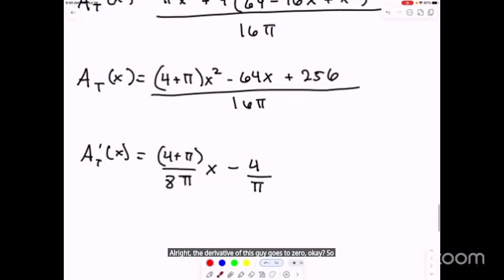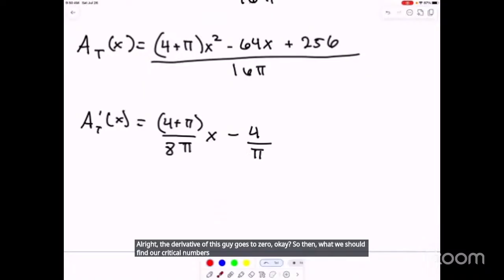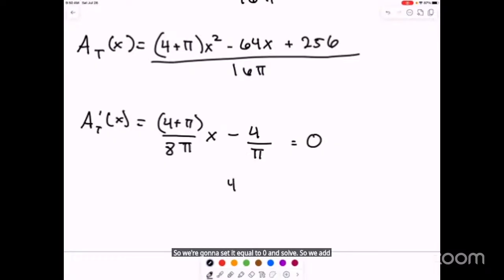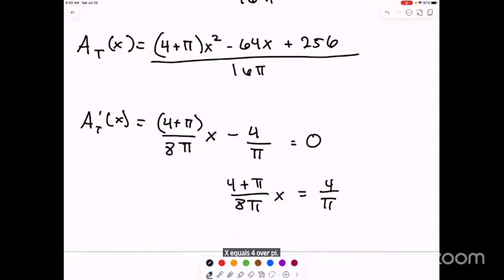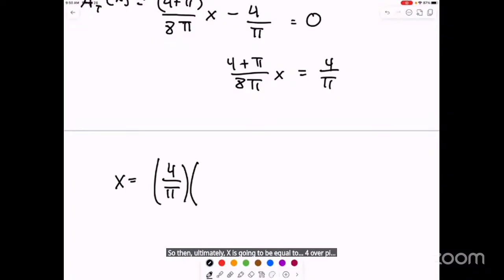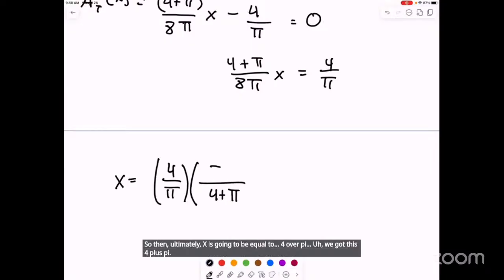Then we should find our critical numbers: any x that makes this either 0 or undefined. So we set it equal to 0 and solve. We add, and we get 4 plus pi over 8 pi x equals 4 over pi. So ultimately x is going to be equal to 4 over pi, with this 4 plus pi and this 8 pi.